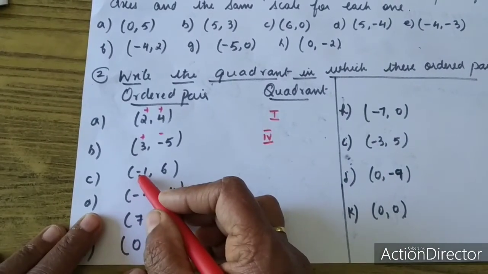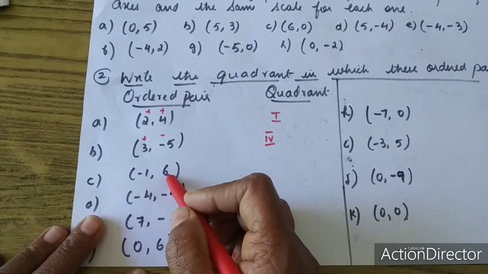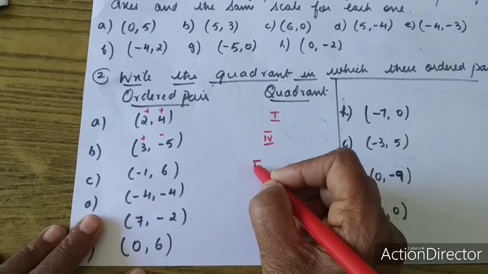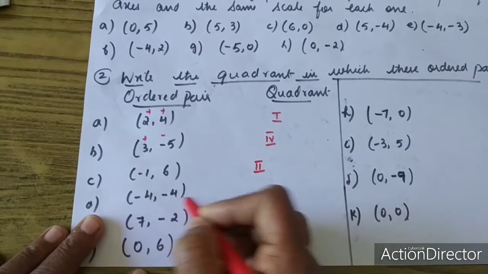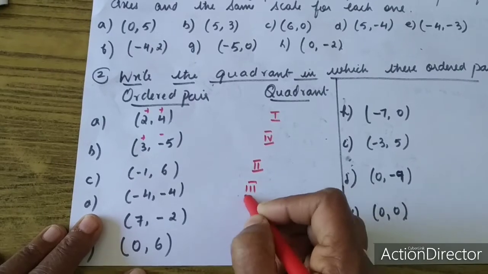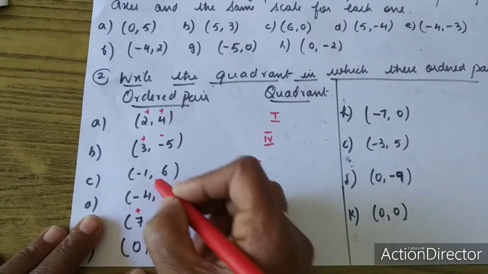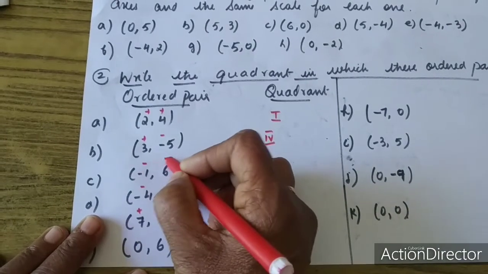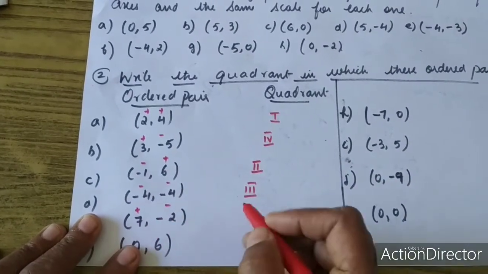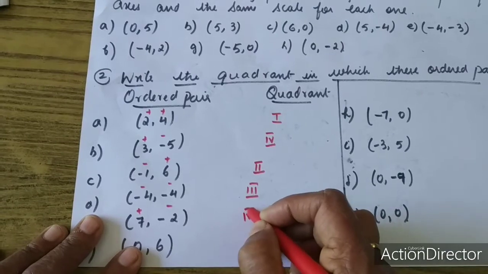Third one, x is negative and y is positive, second quadrant. Next, both are negative, third quadrant. Now, x is positive and y is negative, fourth quadrant.